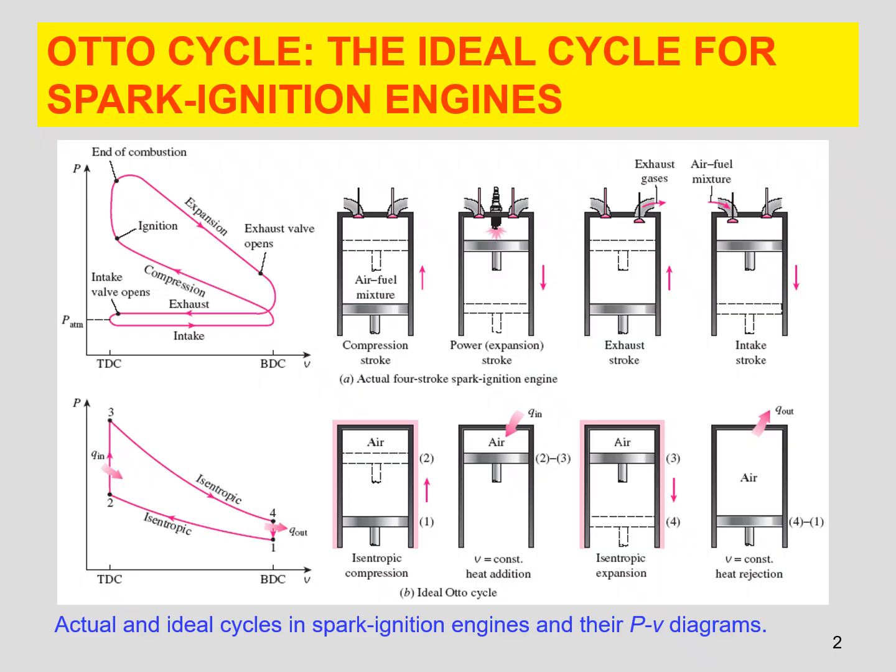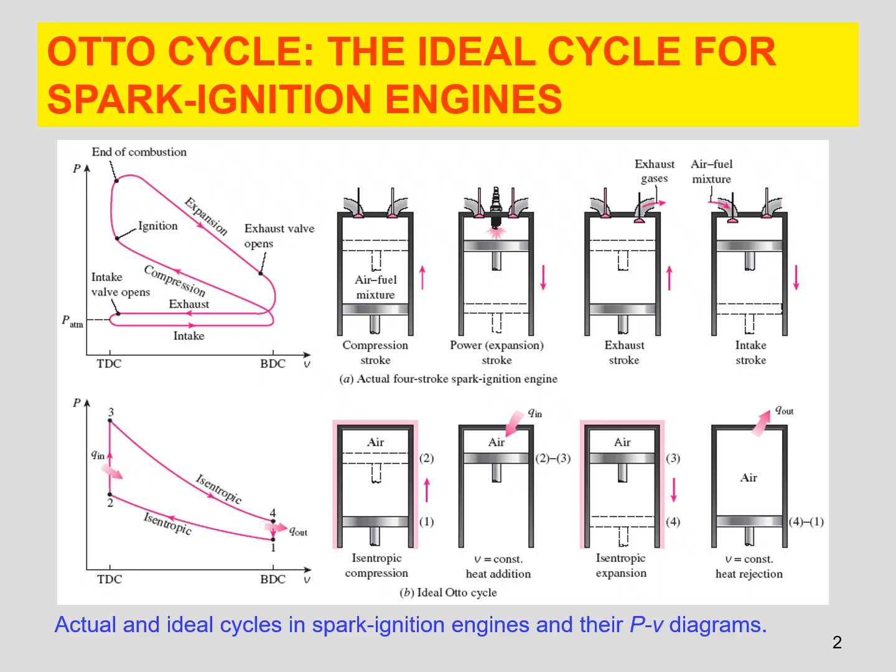The piston moves from position 1 to 2, from bottom to top, from BDC to TDC. The second one for the ideal Otto cycle, 2 to 3, is constant volume heat addition. The volume is constant and heat is added to the system.